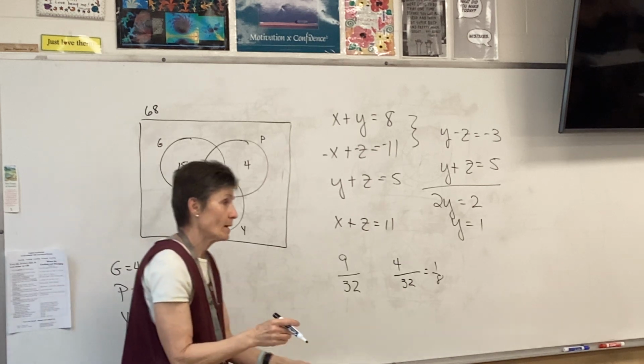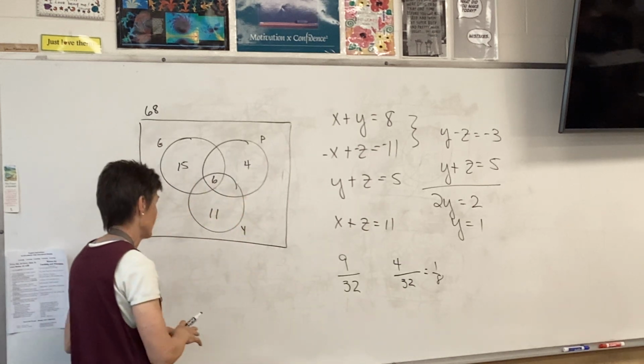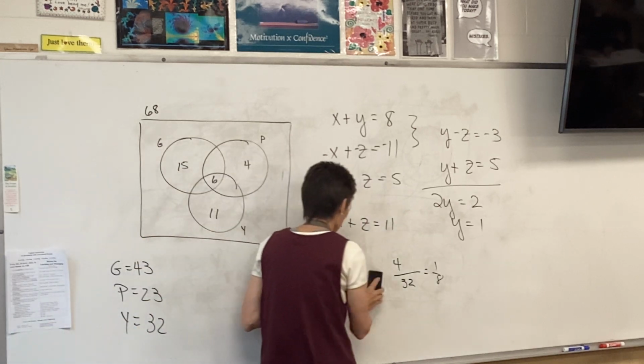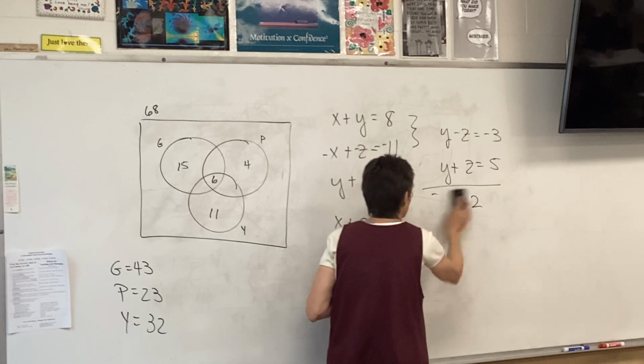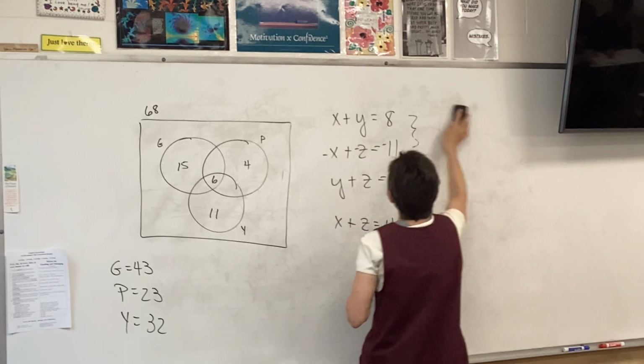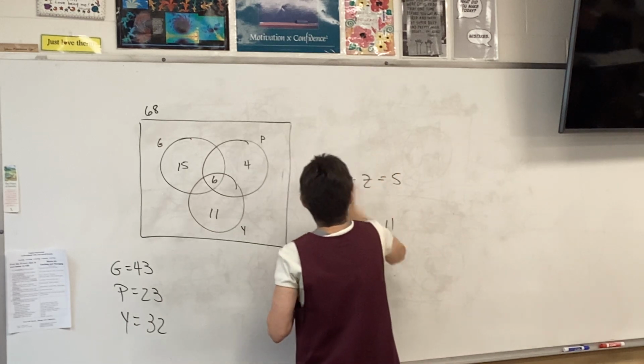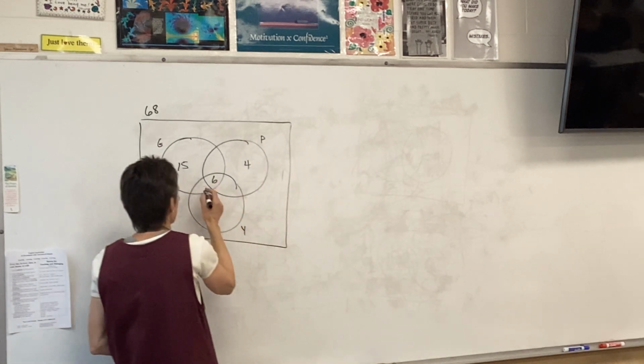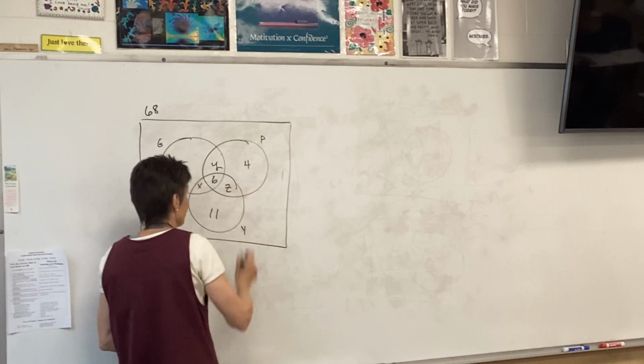Okay, can't answer the questions until you figure out all these sections. So do you know what you're going to do? It's what we just did. We're going to assign them variables. It doesn't matter what we call them. I usually do X, Y, and Z, but you can do whatever you want. So we got X, Y, and Z.